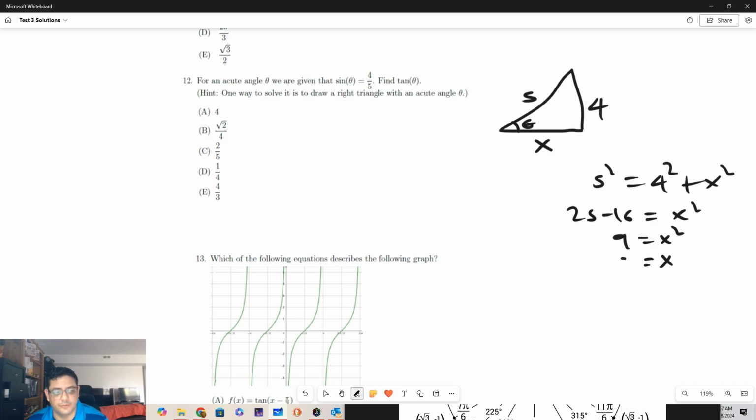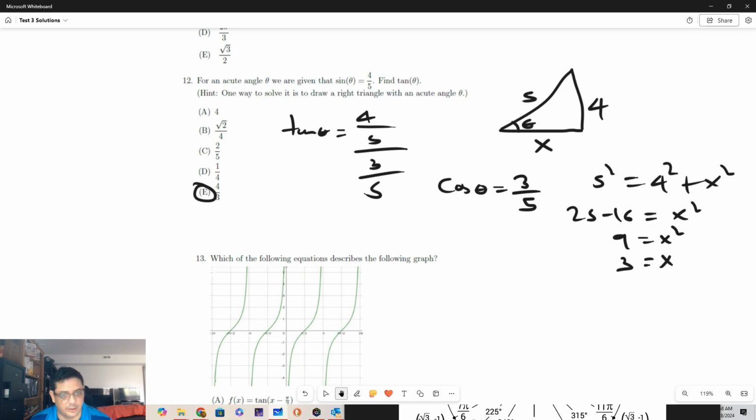So x equals 3, since it has to be positive by being in the first quadrant. If this is the adjacent, the cosine of theta is going to be 3 over 5. And the tangent of theta, which is sine over cosine, is 4 over 5 over 3 over 5, so it ends up being 4 over 3. Okay?